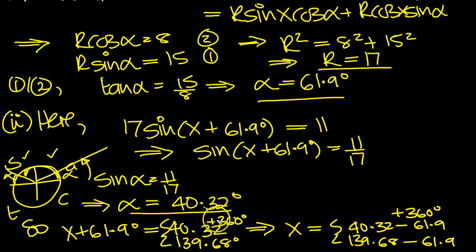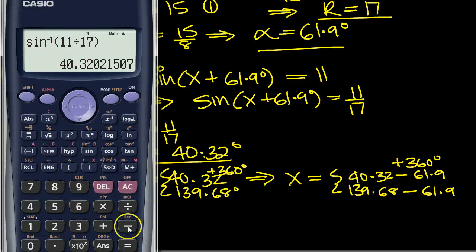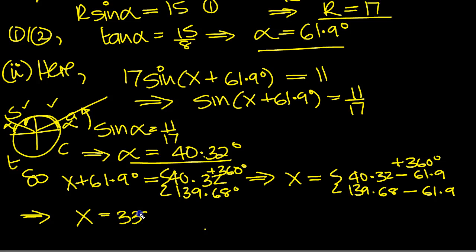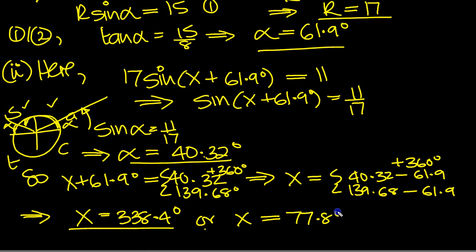So 40.32 minus 61.9 plus 360 equals 338.42, 338.4 degrees, or x is equal to 139.68 minus 61.9, and we get 77.78, so 77.8 degrees.